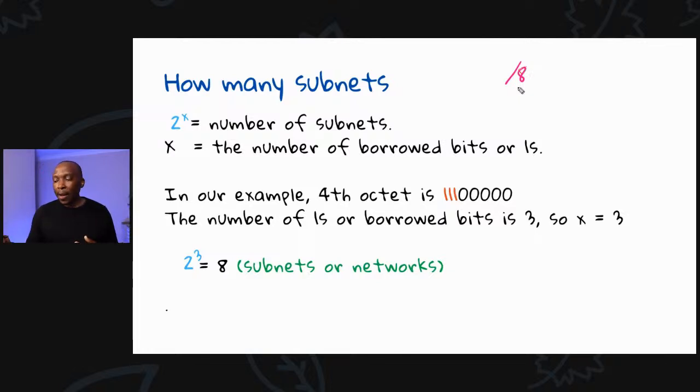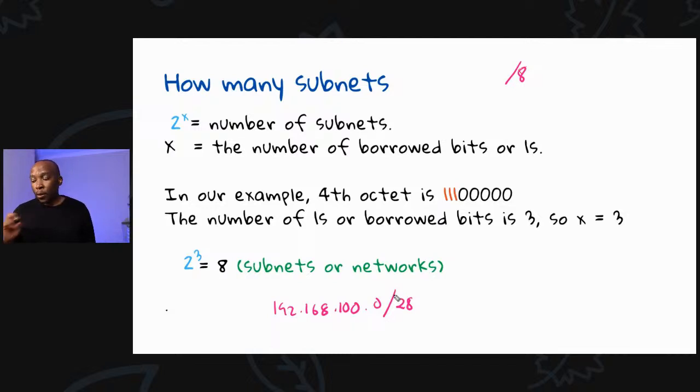So in the earlier example, I said that we go to the internet service provider. They will give us a 192.168.100.0/28 address. So this is what they gave us, right? Let's work with that example.